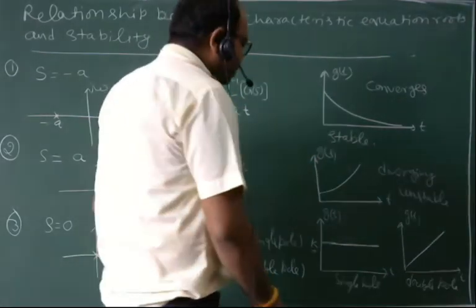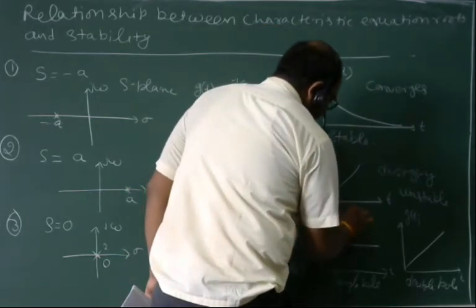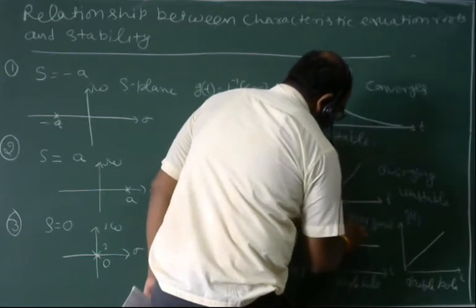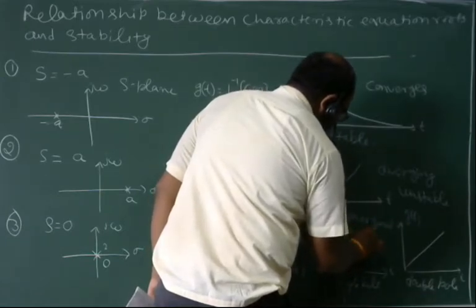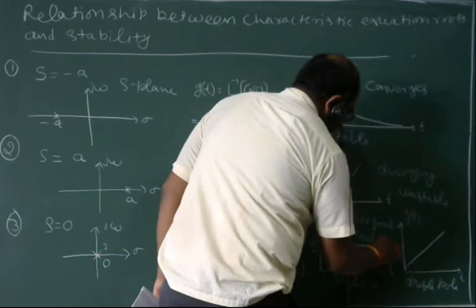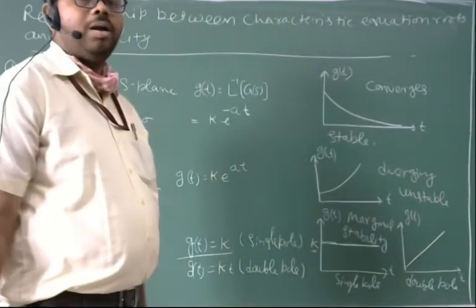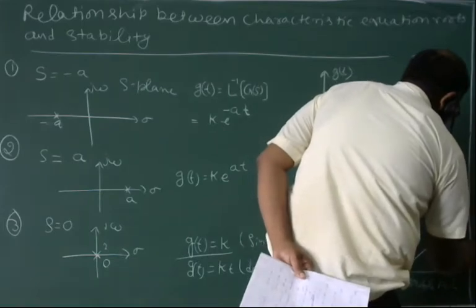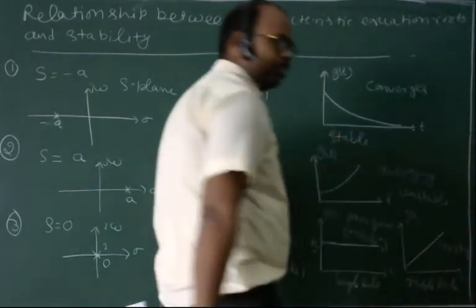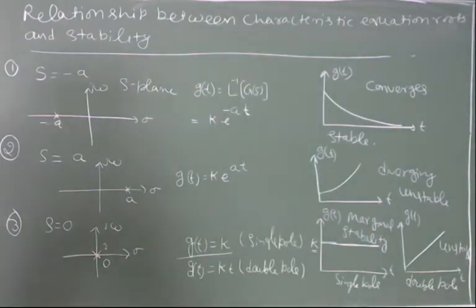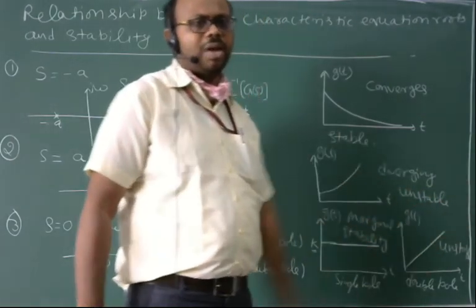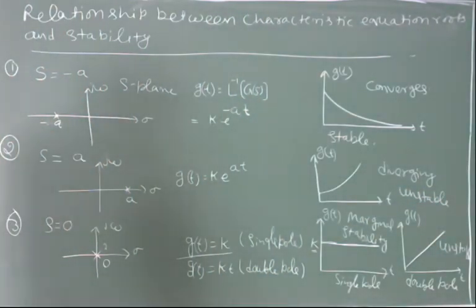So this case is for marginal stability. And obviously this is unstable, because the graph is diverging. Graph is diverging, right?